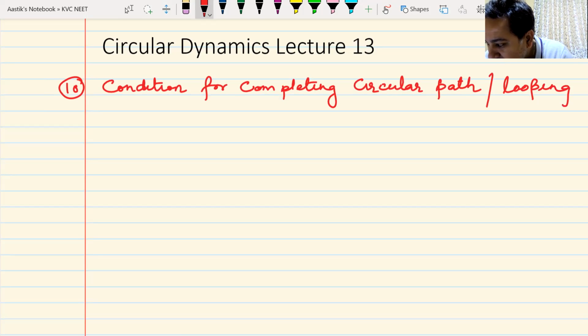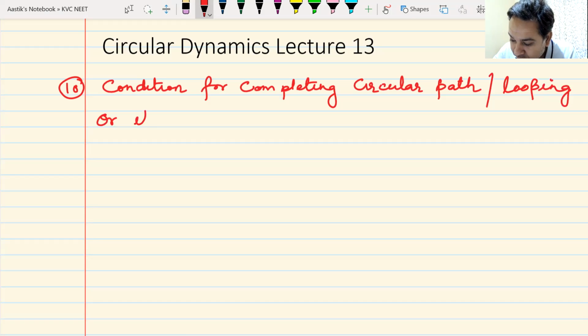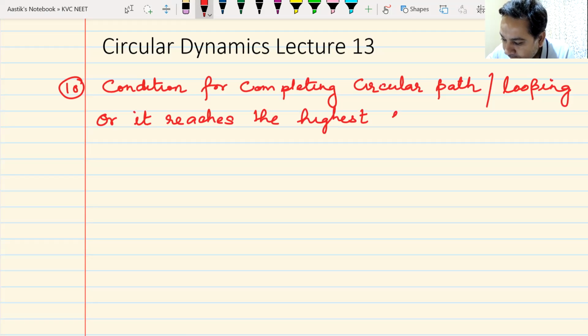When will it loop successfully? Or you can say, it reaches the highest point C. We have to find out the condition that it reaches the highest point C. What do you think could be the condition that it reaches the highest point C?